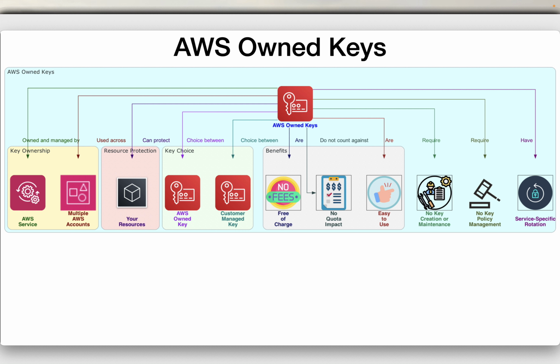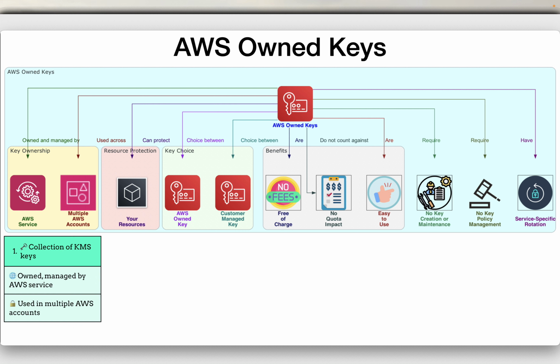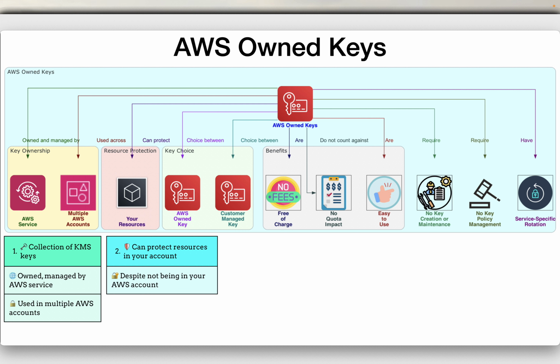Okay, let's see, next is AWS owned keys. AWS owned keys are a collection of KMS keys that an AWS service owns and manages for use in multiple AWS accounts. Although AWS owned keys are not in your AWS account, an AWS service can use an AWS owned key to protect the resource in your account.